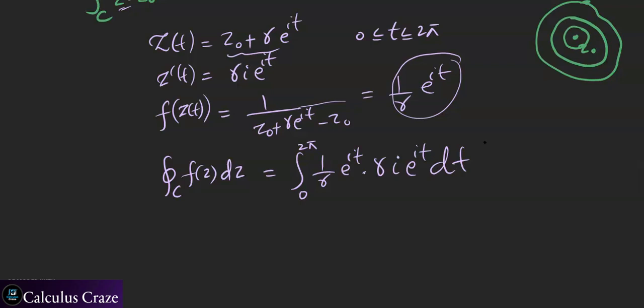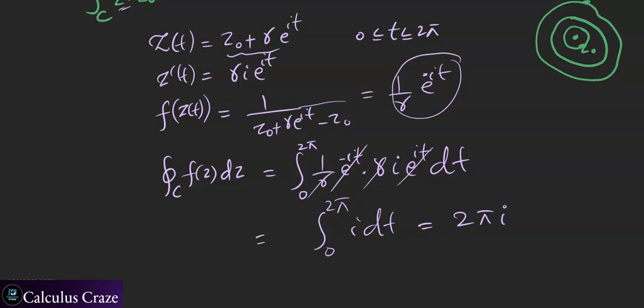So this e to the iota t gets cancelled with this, r gets cancelled with it, and we have the integral from 0 to 2 pi of iota dt, which is basically 2 pi times iota. So the integral is 2 pi times iota.